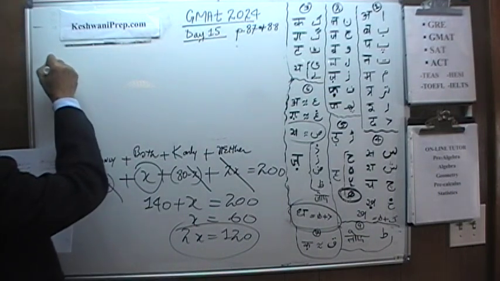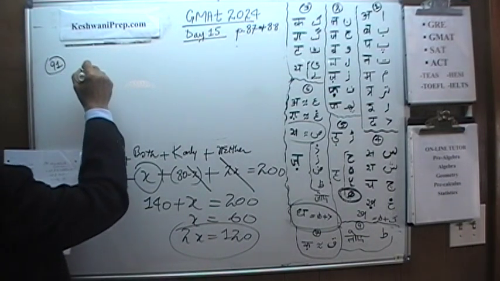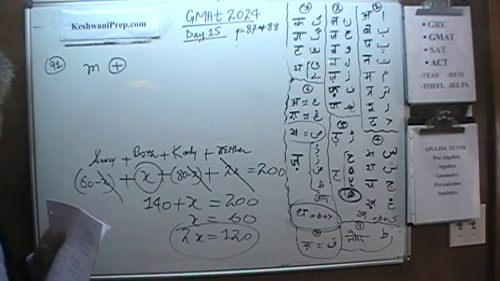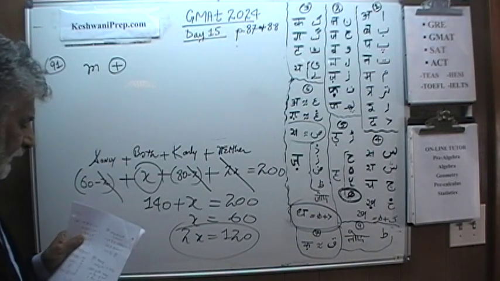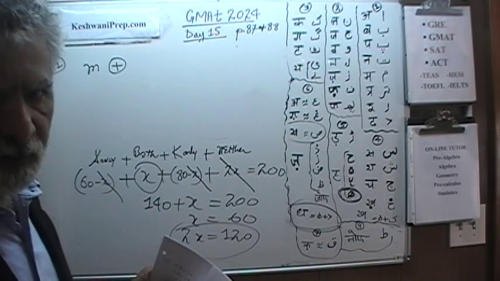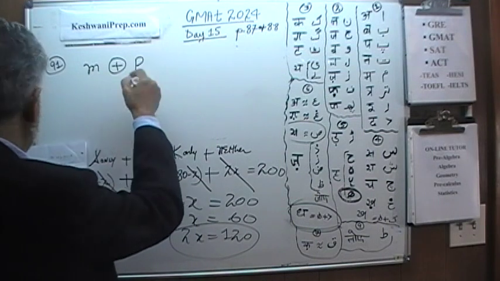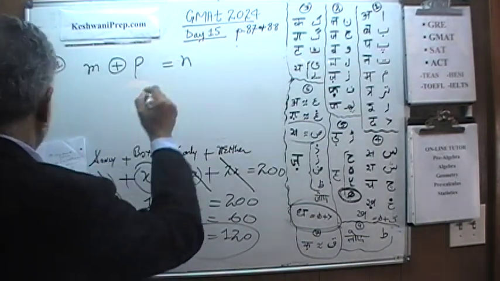We were told that when we perform some operation between the quantity m and p, whatever the operation is, we don't have to worry about it, whether it's addition or subtraction or division, it doesn't matter. When we perform this operation between these two quantities, the result is n.